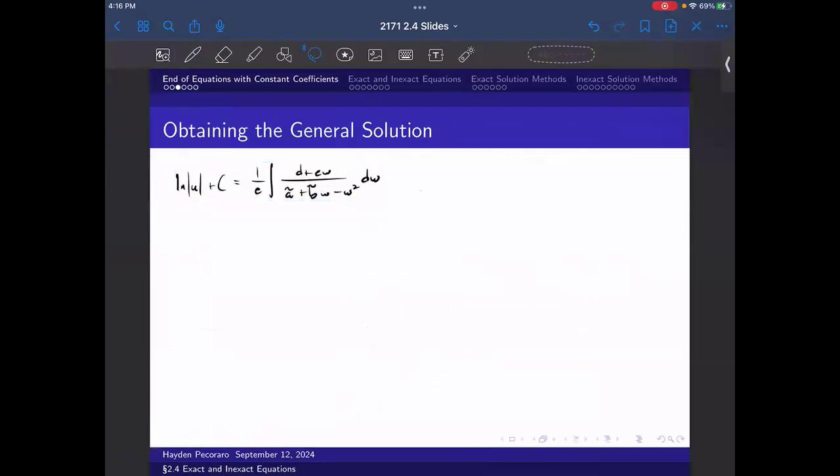So we have this, and I wanted the factored form, sorry. Alpha minus w, beta plus w, that's what I wanted there. All right, so now we guess our partial fractions decomposition.